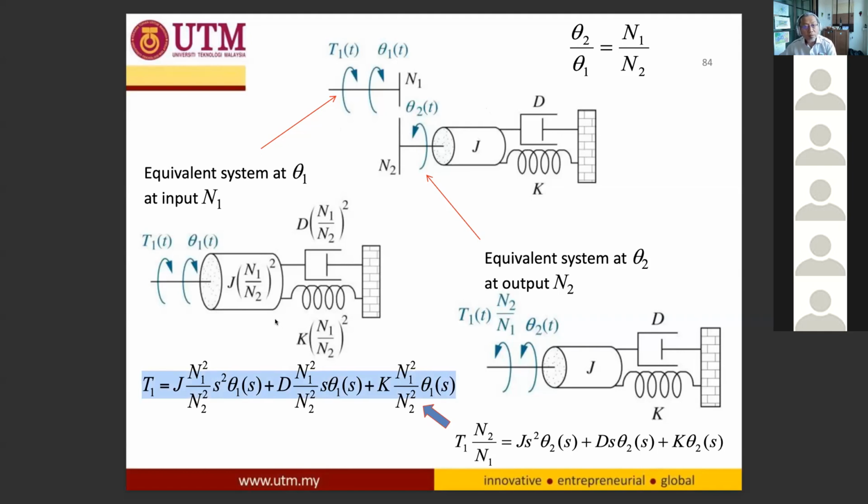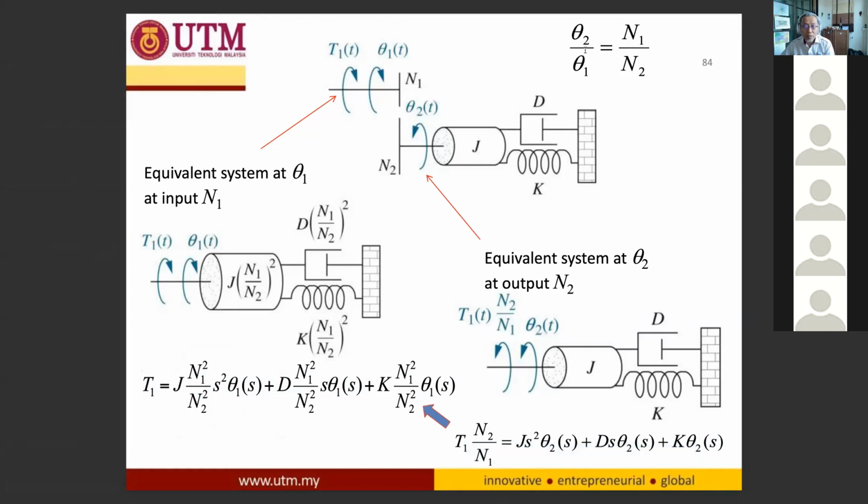You can see the ratio of gear 1 over gear 2, and the equivalent system at theta 2 at output N2 is shown here, with T1 multiplied by N2 divided by N1 equal to the Newton's equation, J s squared theta 2 plus D s theta 2 plus K theta 2.